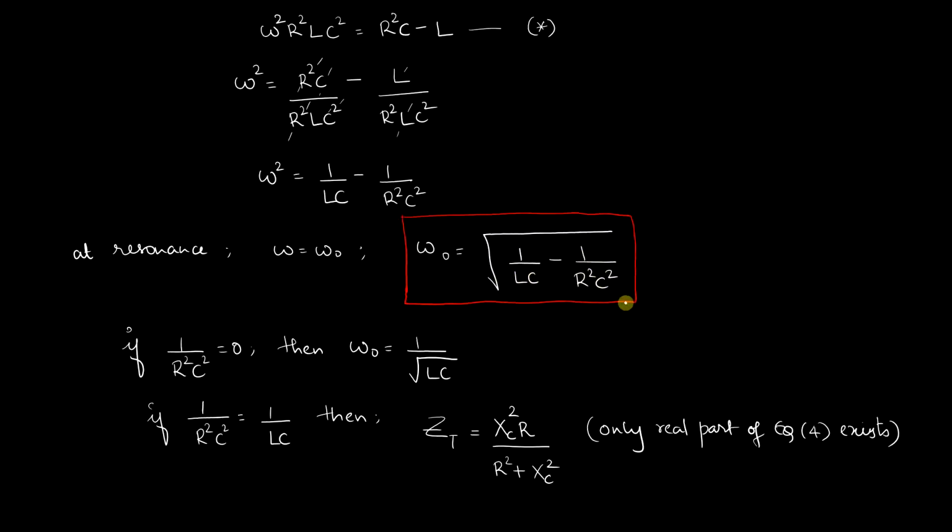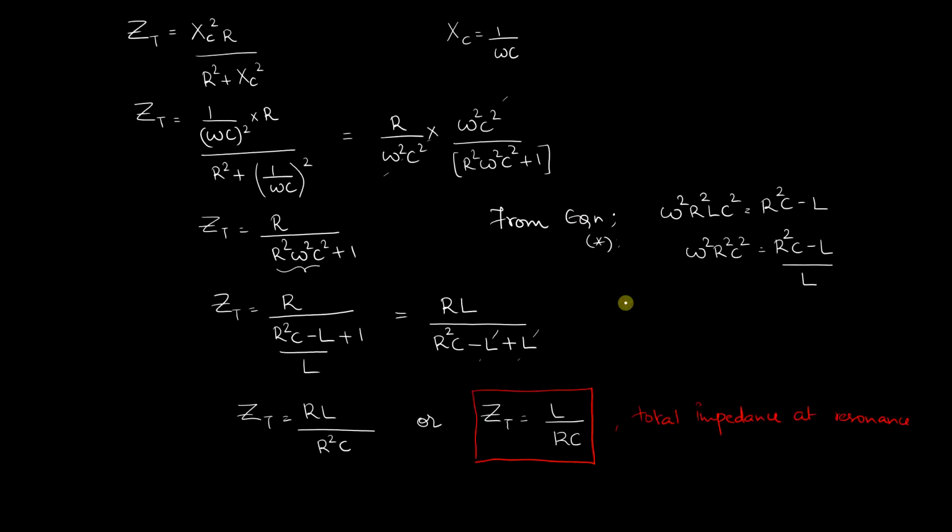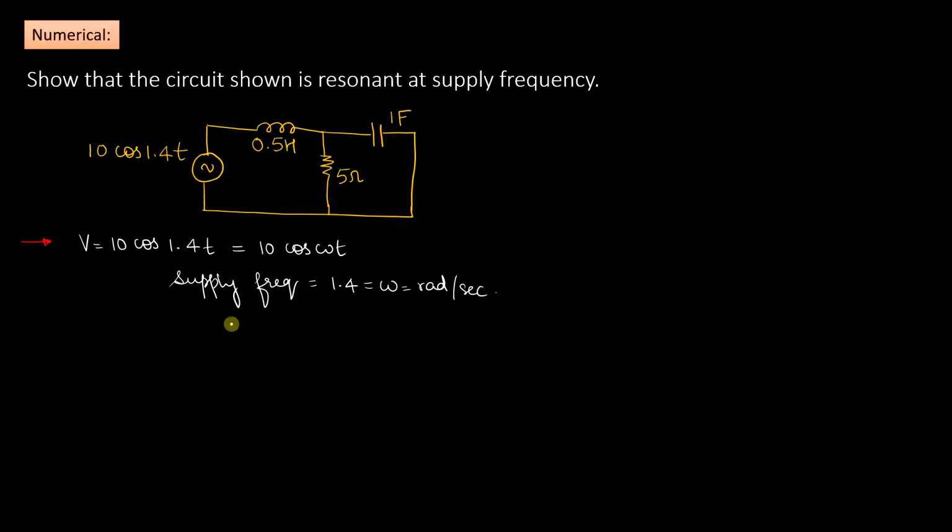But because we have just completed the derivation, let me write the expression directly. I have the expression of resonant frequency of this particular circuit as omega naught equal to square root of 1 by LC minus 1 by R square C square.